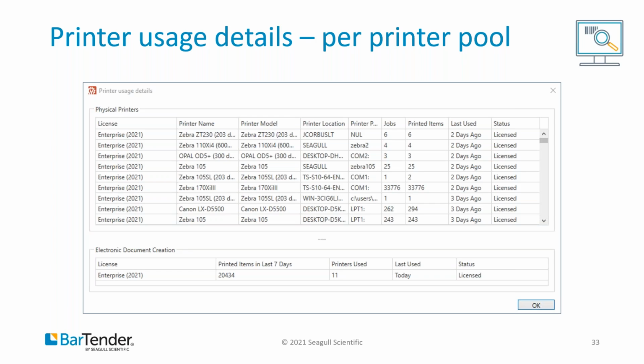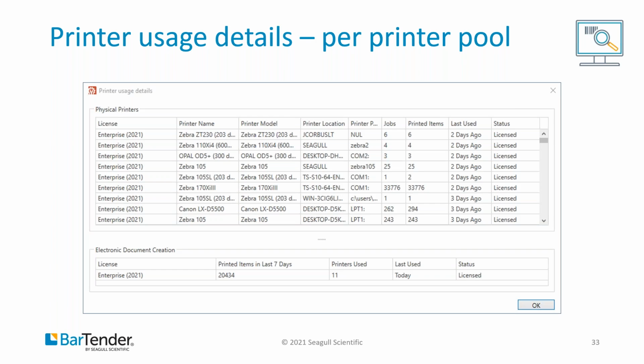I guess Zebra printers are popular with some of my colleagues. But as you can see, we can see details of the physical printers that were used, and you can sort those in various different ways. But also we can keep track of electronic document usage as well.